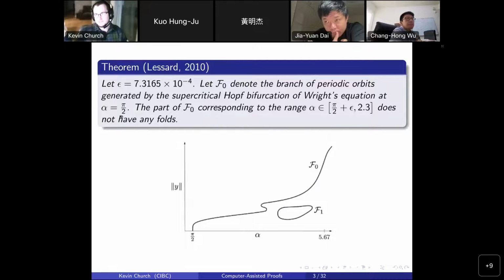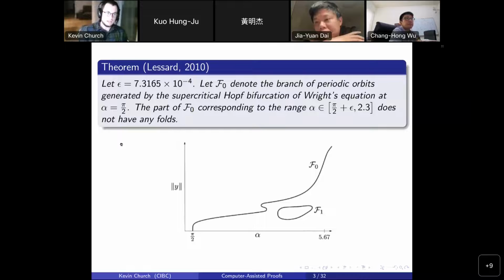Nothing made any sense. So I went a bit further back, and this was one result by Jean-Philippe Lessard in 2010, which is a very big piece of that proof of Wright's conjecture. It essentially connects what was known about a Hopf bifurcation in Wright's equation, that delay differential equation from before, with a global branch of periodic orbits.